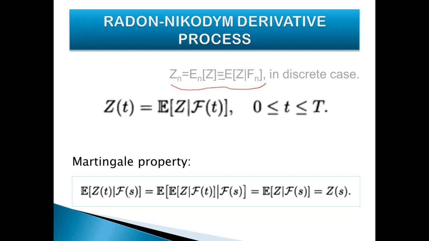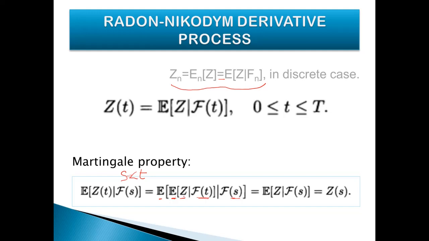So we consider s less than t. For E of Zt given Fs, we can use the iterated conditional expectation. We are trying to find the prediction of Z given the information at t, and then predict that given the information Fs.